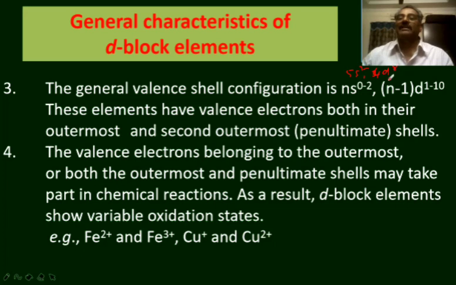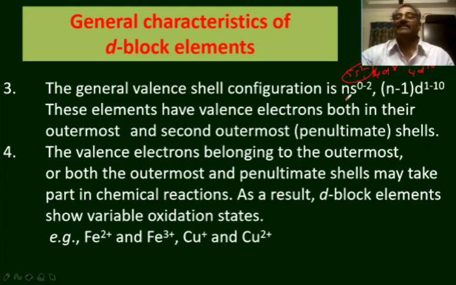We observe that electrons are missed in 5s and electrons enter in 4d. Electrons are present only in 4d in the case of palladium. So we can write the electronic configuration as ns0 to 2, (n-1)d1 to 10.